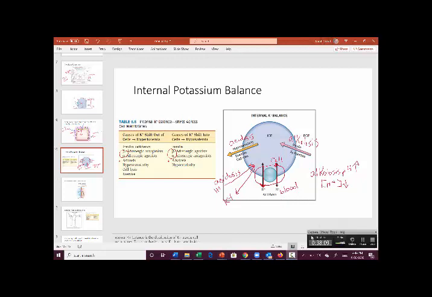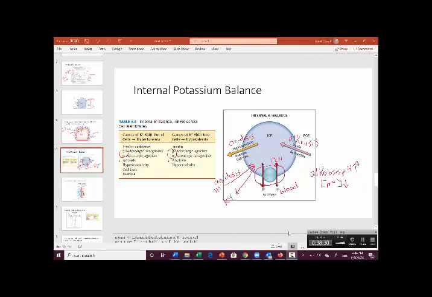On the other hand, activation of alpha adrenergic receptors causes a shift of potassium out of cells and may produce hyperkalemia. The effects of adrenergic antagonists on the blood potassium concentration are also predictable.